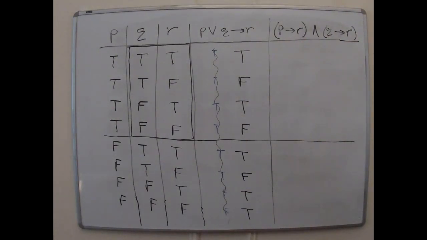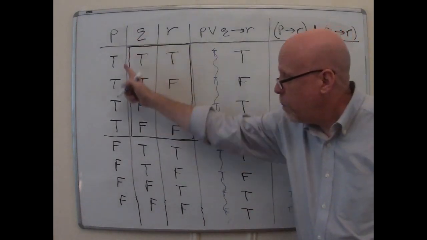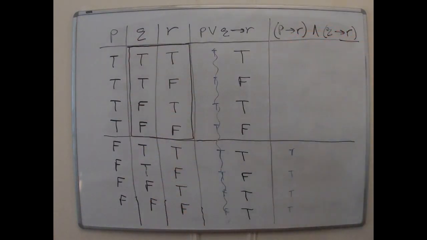So where is P implies R false, and where is it true? For conditionals, I often jump in and just look for the vacuous places. So wherever P is false, P implies R will be true. That means we're true in the entire bottom half of the table, right? Because that's where P has all falses.